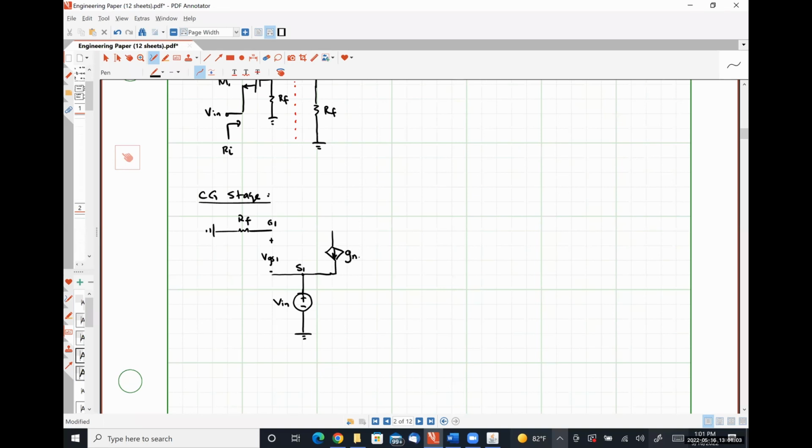Here we have GM1 VGS1 in parallel with R01.